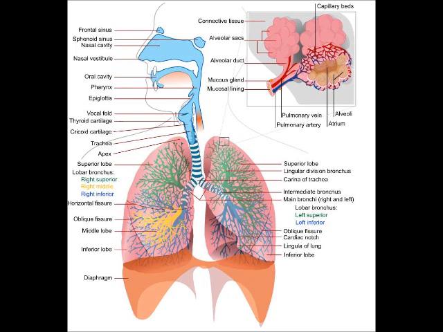Next, generally we write it like this. This is partial pressure. That's pressure, not amount. This little a is arterial blood, carbon dioxide. So this is the partial pressure of carbon dioxide in the arterial blood.